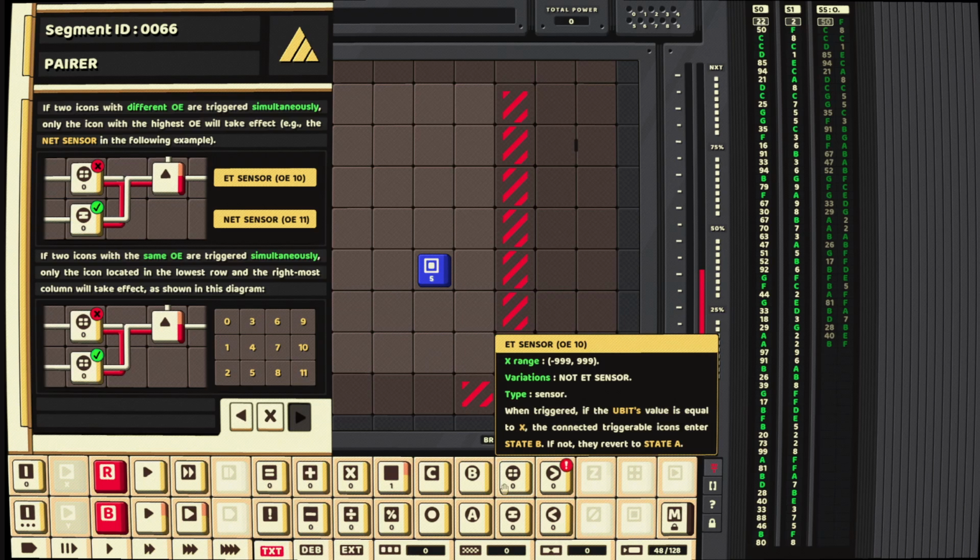These guys send a signal whenever they see a U-bit. And the signal is either go to state B or go to state A. It's not like do nothing. So, okay.